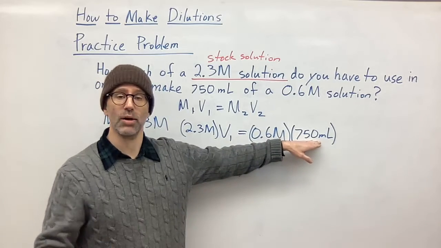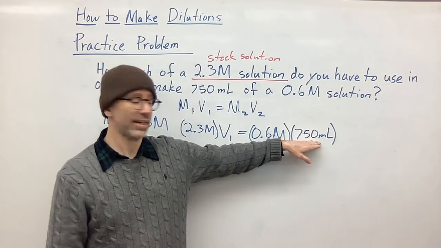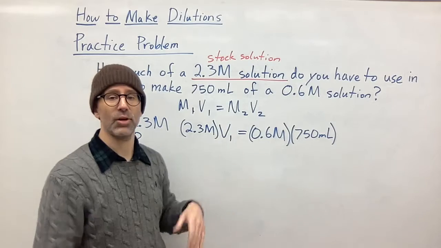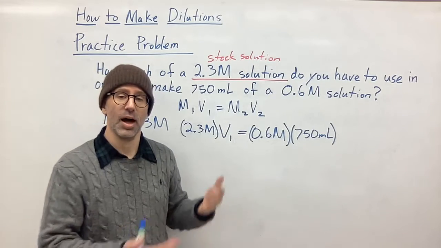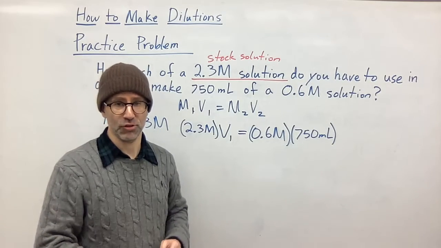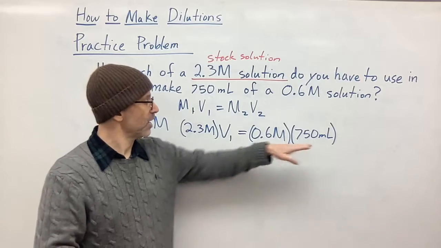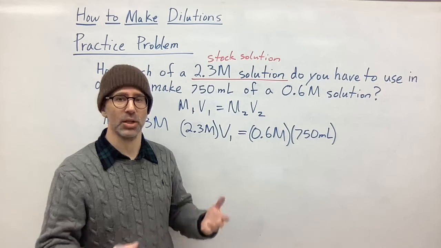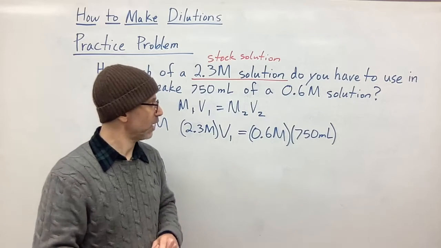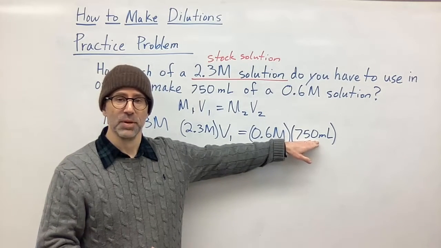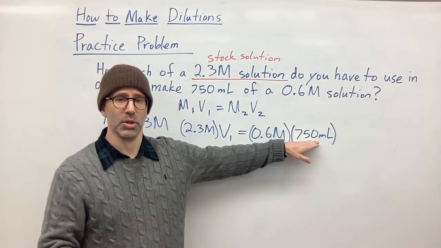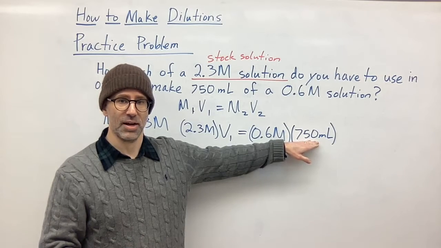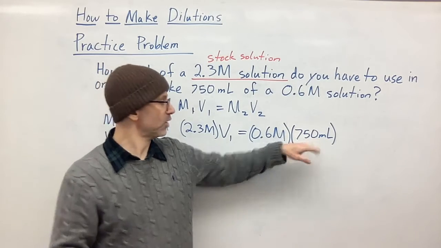It doesn't matter what unit you use, because in the end, molarity is going to cancel out, and you're going to end up with the same volume unit you started with. Especially in the lab, we're not going to be measuring liters of this stuff. Usually it's milliliters that we want to measure, because everything that we're using is pretty much measured down in the milliliters.